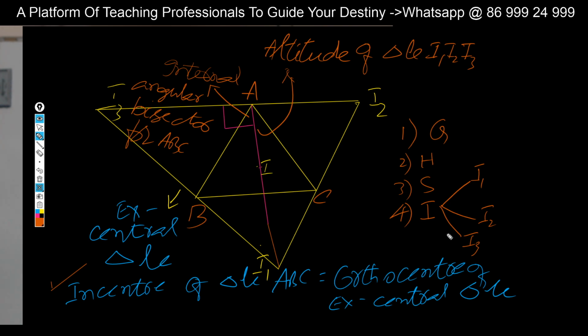Now, a very important relation between these centers, where questions are asked frequently, is this: the centroid G divides the line joining the orthocenter H and the circumcenter S in the ratio 2:1.